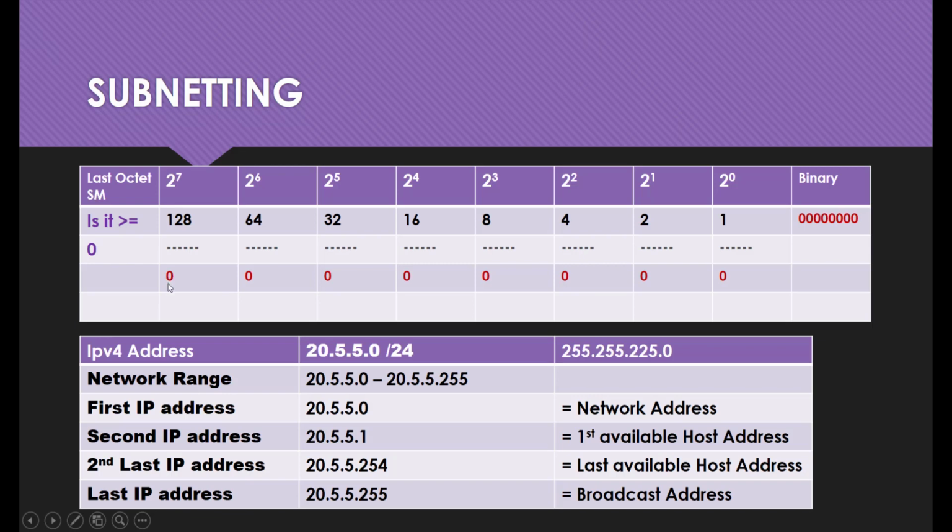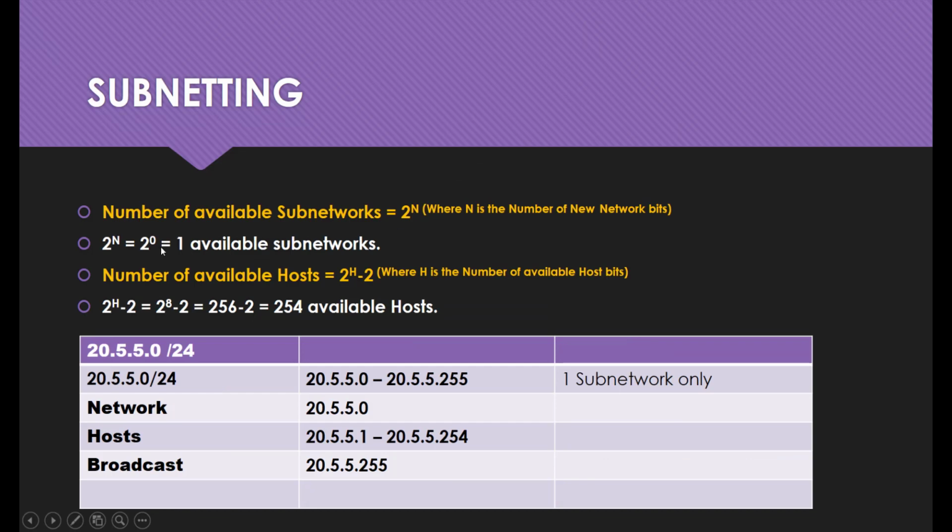Nothing was borrowed to make a new network bit, so all these bits are host bits. That's why we have 2^n, which equals 2 raised to power 0, 0 meaning we didn't use any bits as extra network bits, and 2 raised to power 0 gave us 1. So we have one available network or subnetwork.